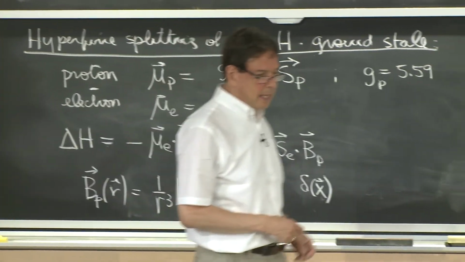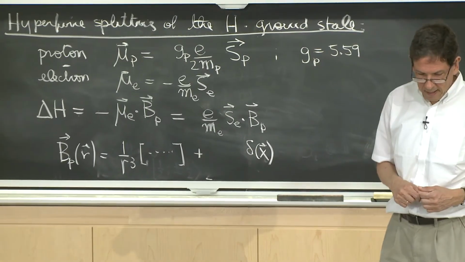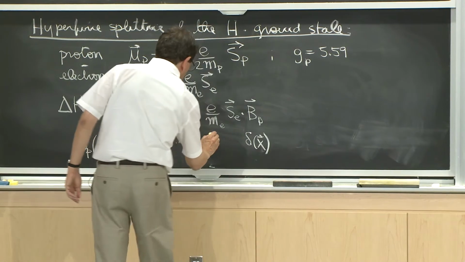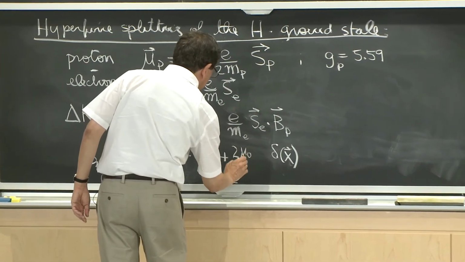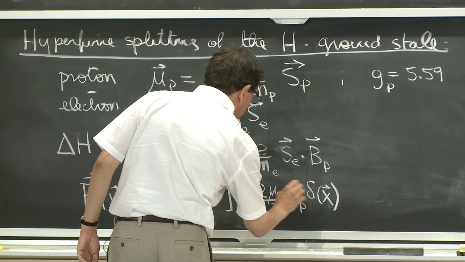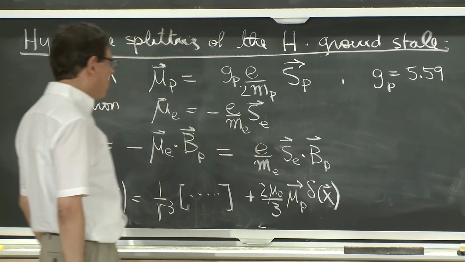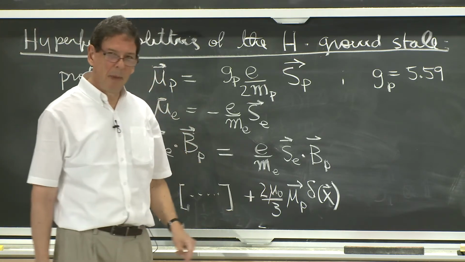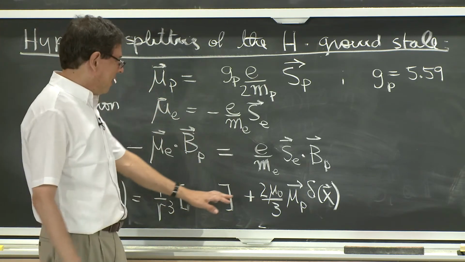And its value can be calculated by this limiting procedure or other methods. And the result is that this term takes the form 2 mu 0 over 3 times mu proton. There's two mu's here, the mu for magnetic moment and the mu for permeability of the vacuum.